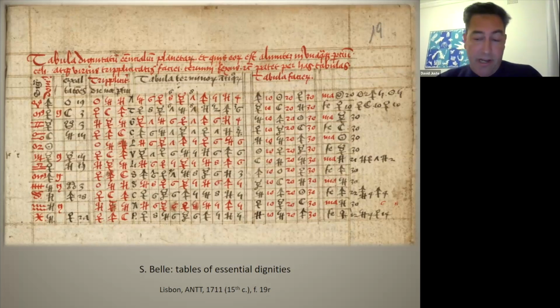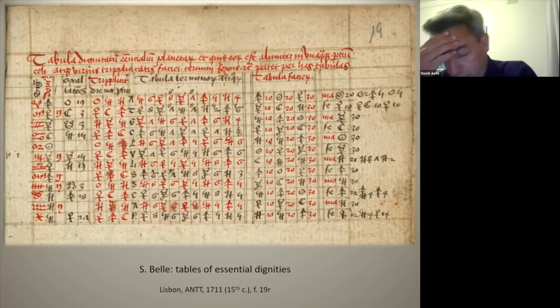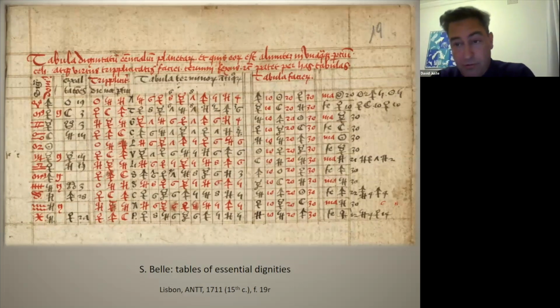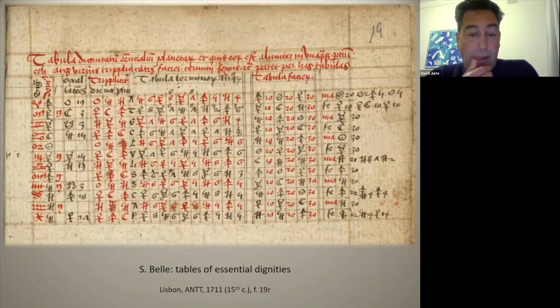So such a table, and I use this image on purpose because I suppose, Luis, you said a word about Elena at the start of the conference, and I am using here the manuscript that was so dear to her, the main manuscript of her book, that is the Lisbon 1711, and this is one of the pages of that astrologer's tables of essential dignities, presumably the table he used himself to calculate the Almuten.